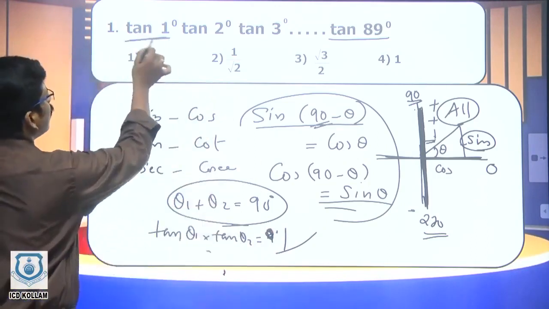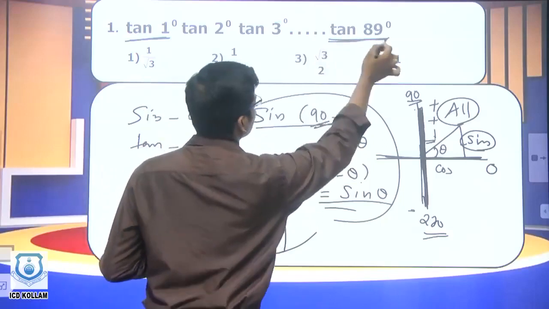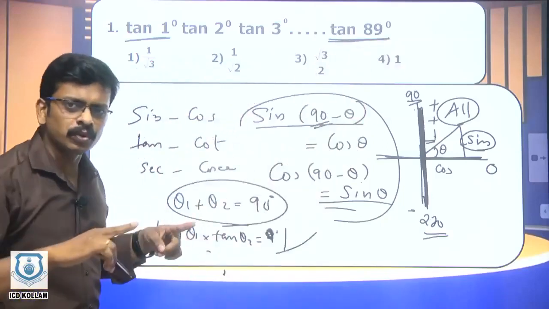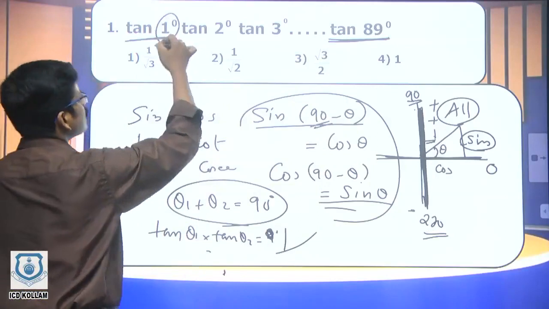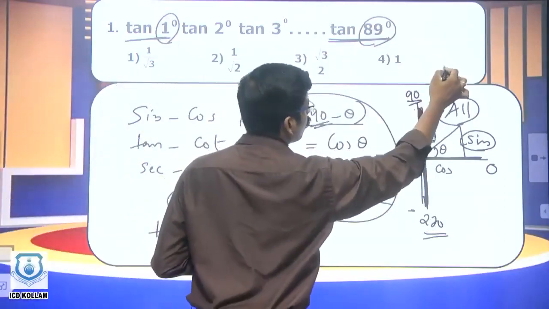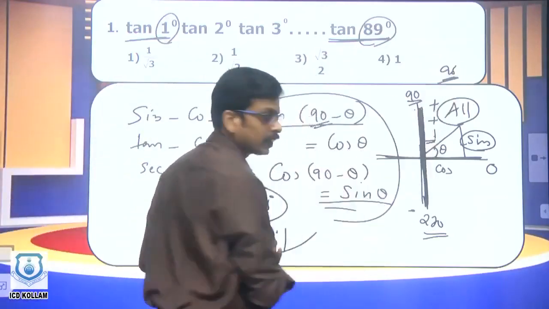So we can simply say tan 1 degree into tan 89 degree is equal to 1, since 1 plus 89 is equal to 90 degree.